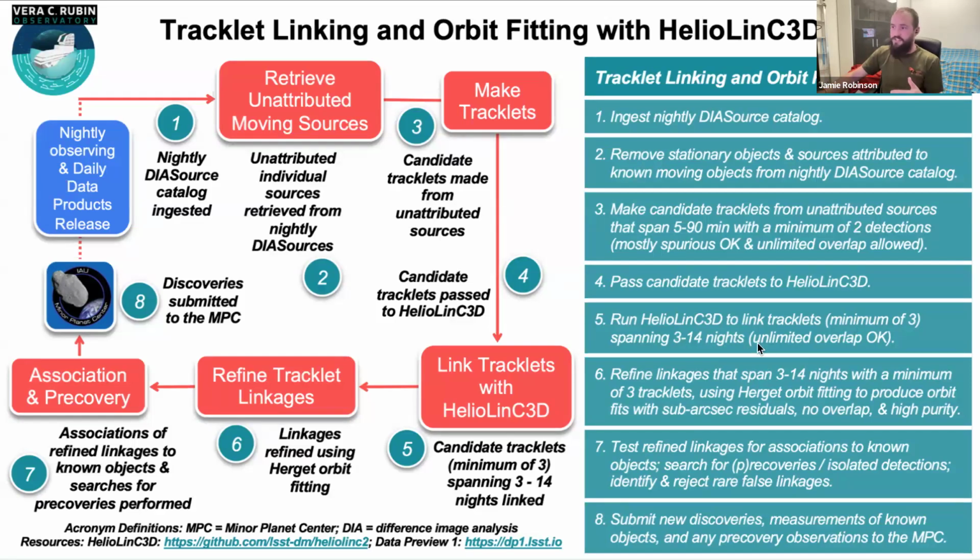Given the way the survey strategy works, an object will generally only be submitted after approximately 2 weeks of observations, given how frequently the survey is expected to revisit that particular moving object. And as I said before, those tracklets are submitted to the Minor Planet Center. The Minor Planet Center does their processing, assigns temporary designations to objects, and then that loop continues back as we described before.